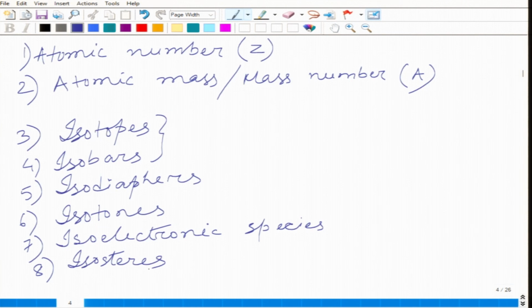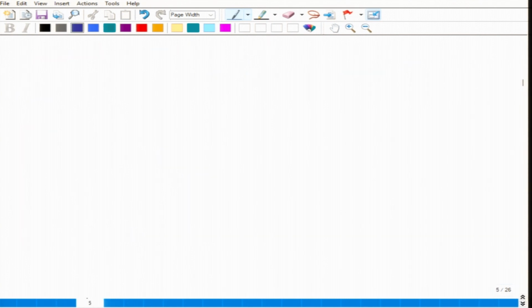We will see all these things in detail. So, we will start with atomic number and atomic mass.